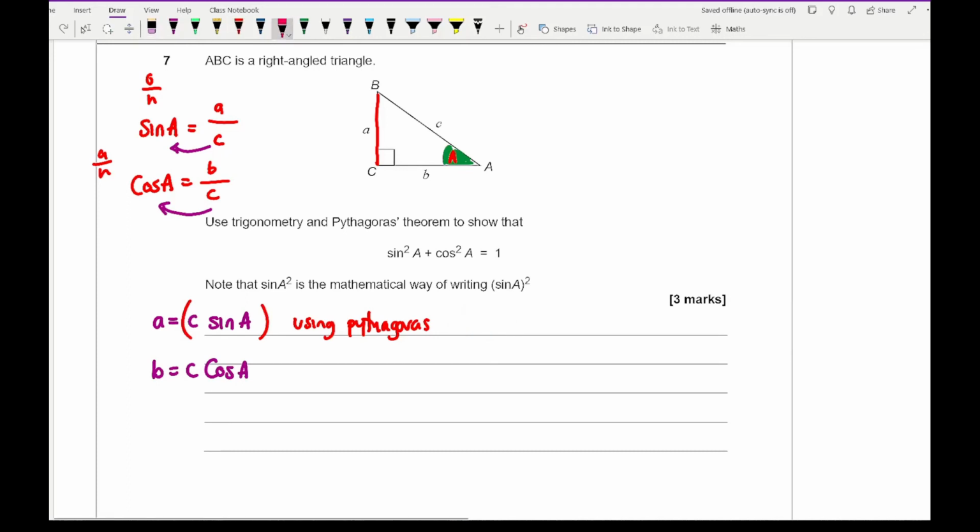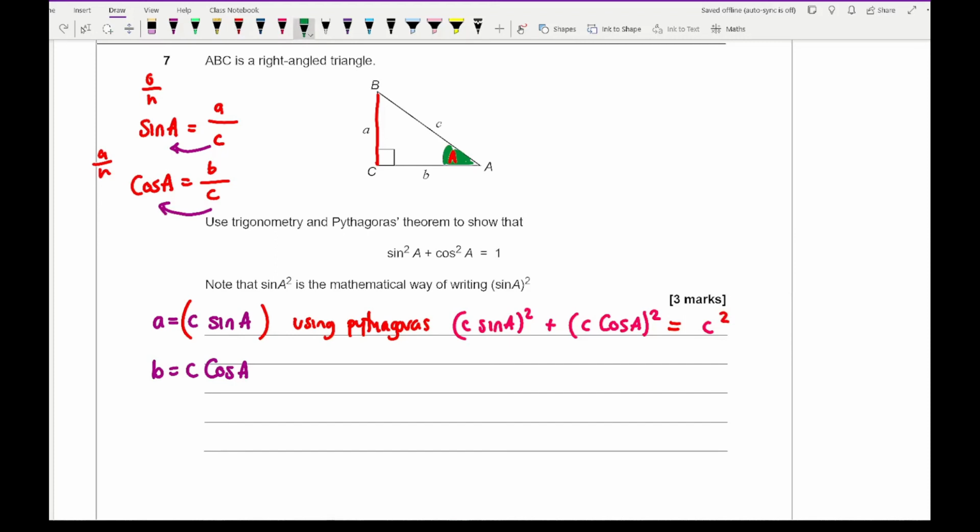So here we've got (c sine A) squared plus (c cos A) squared equals c squared.